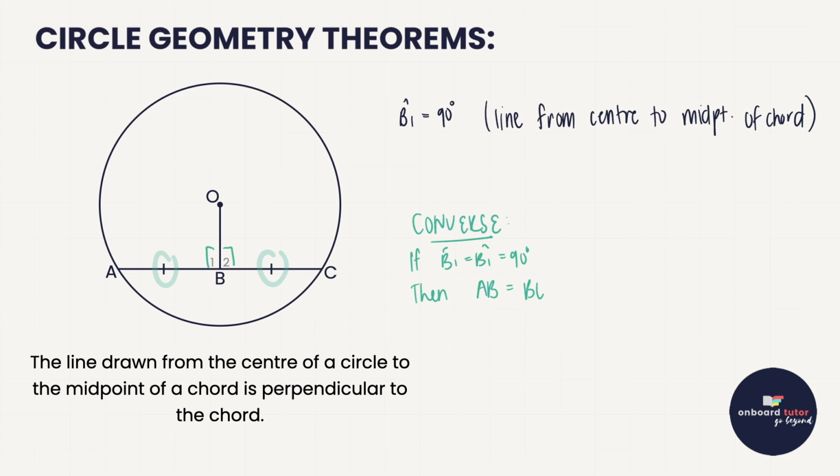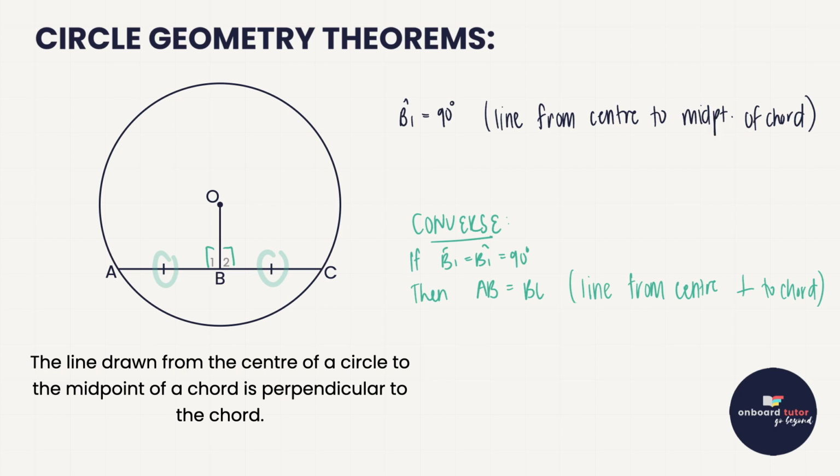And the reason there is that there's a line from the center perpendicular to the chord. So very important in this instance, if we don't give the right reason, we don't get our mark. If we are deducing that an angle is 90, then this is our reason: line from center to the midpoint of the chord.